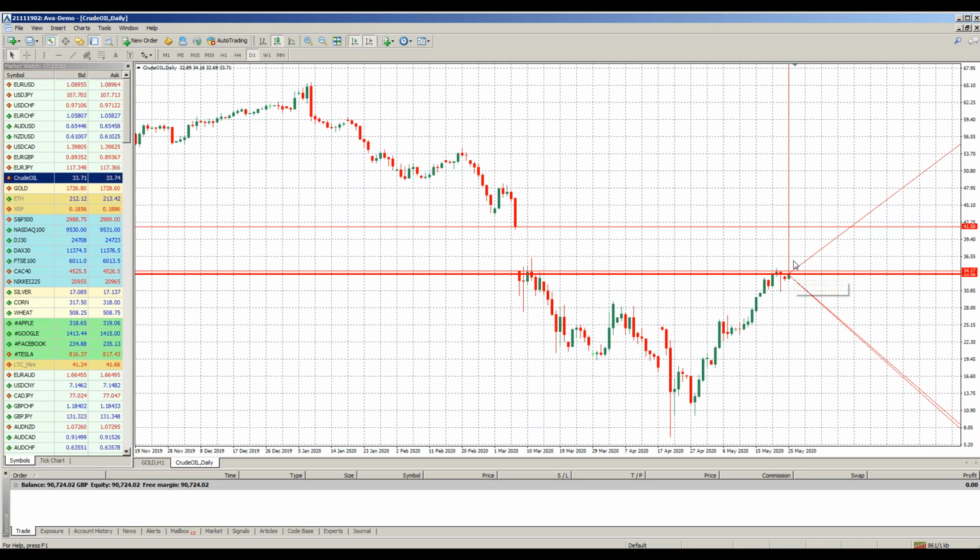If it breaks into the gap above last week's high, that's where you could have a buy stop pending order ready to buy with a take profit at the top of the gap, which is, if you get in at 35.5, let's say, something like that, if it rises to 41.5, that's $6 per barrel in your position. That could be a huge potential profit.